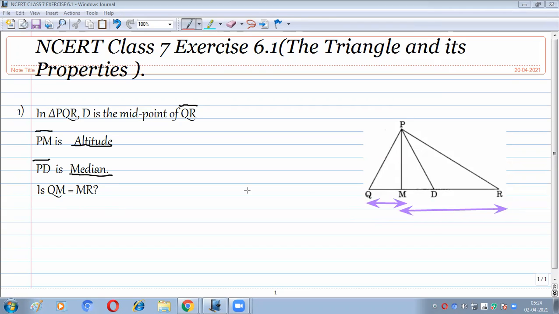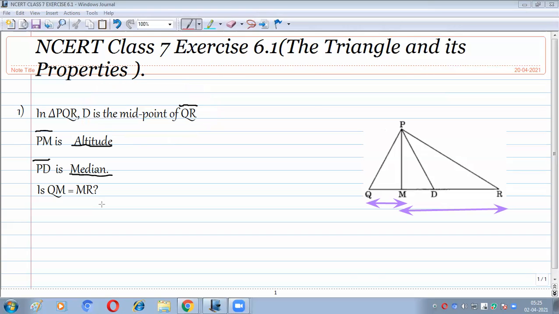Here it is asking whether QM is equal to MR. QM is a short distance, but MR is a very long distance. So we can't say that QM is equal to MR. Why? Because M is not the midpoint. The midpoint of this line is D, as given in the question.